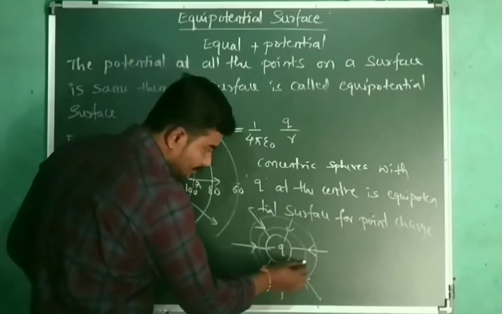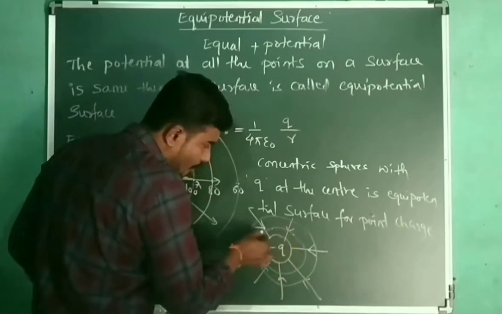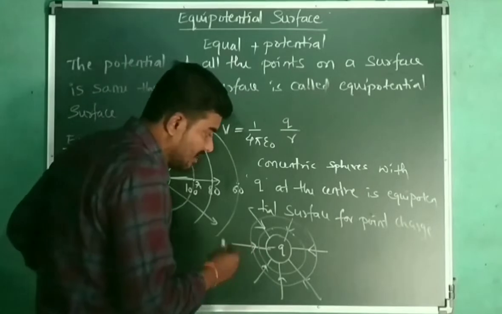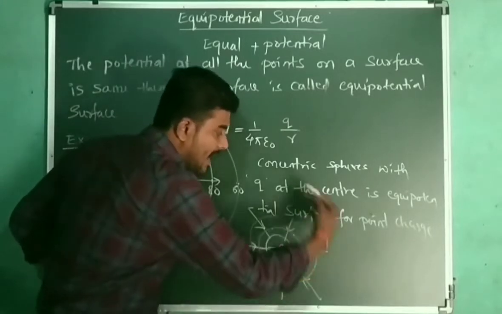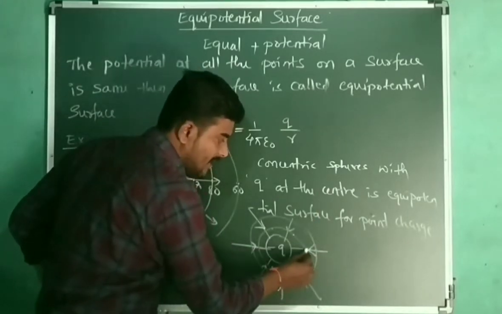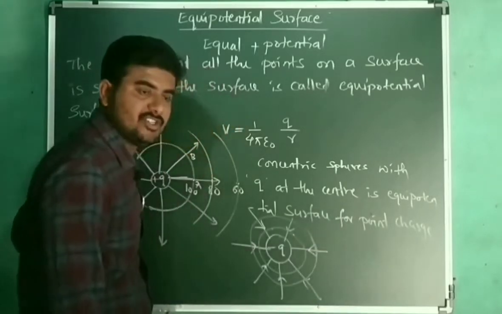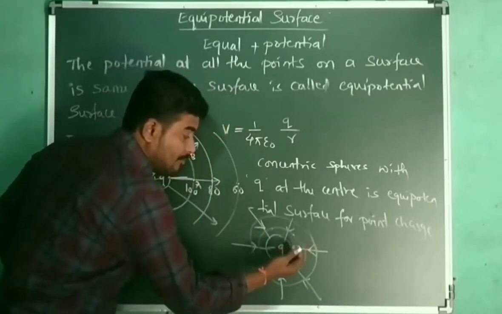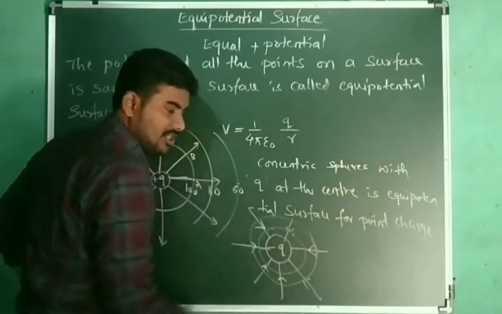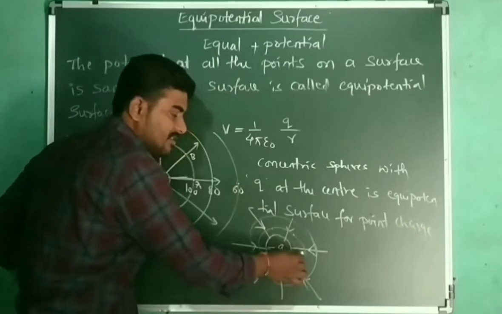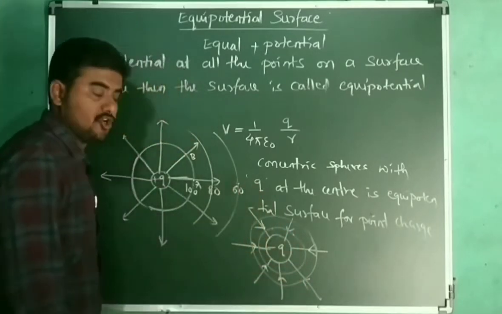At all the points on a sphere, the potential is the same. But if you consider another surface, the potential changes. From surface to surface the potential goes on changing, but on the same surface the potential always remains constant.